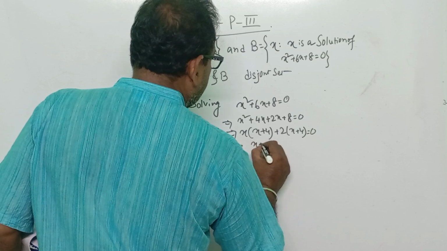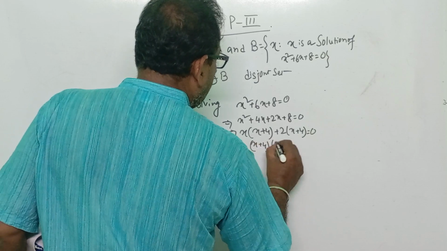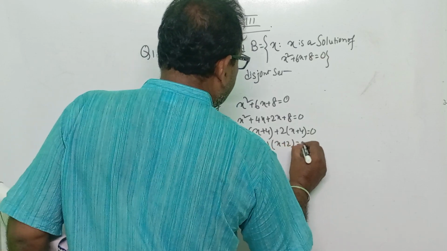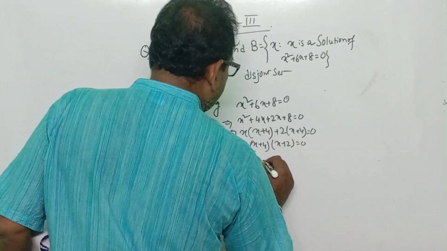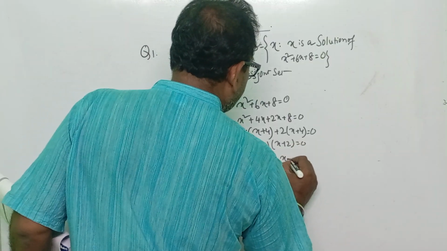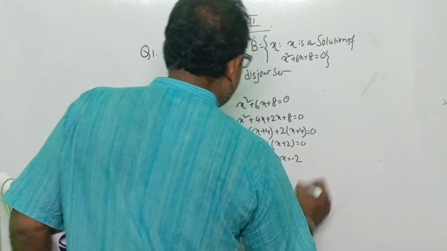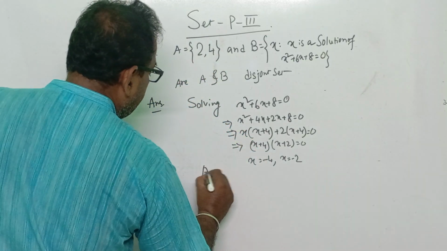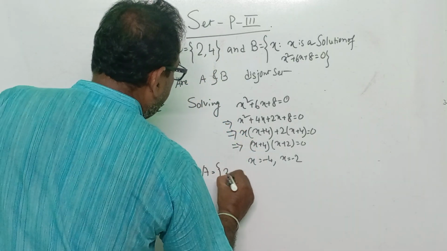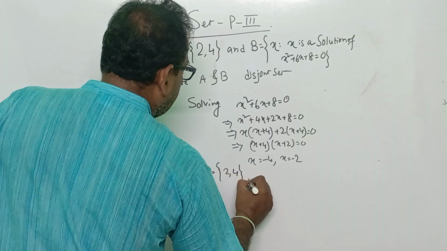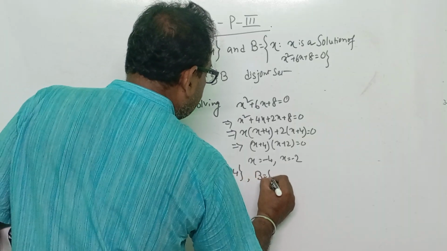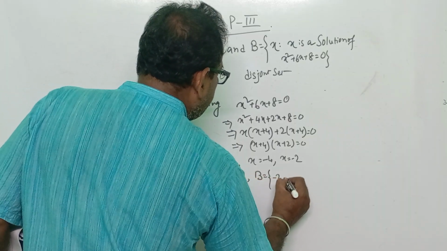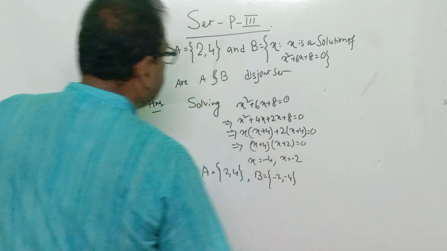Now x plus 4 and x plus 2 is equal to 0. Then x is equal to minus 4, x is equal to minus 2. Now set A has the elements 2, 4 and set B has the elements minus 2, minus 4.